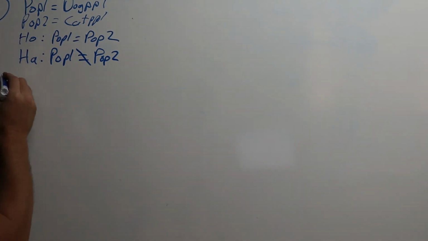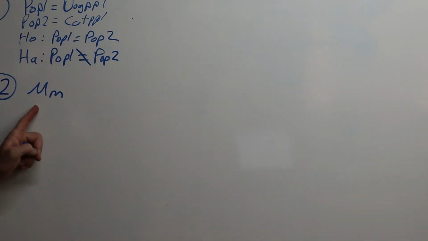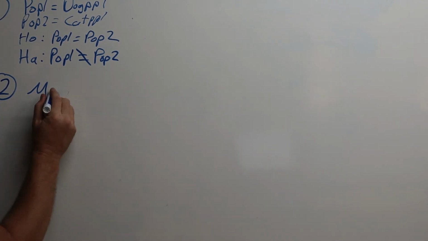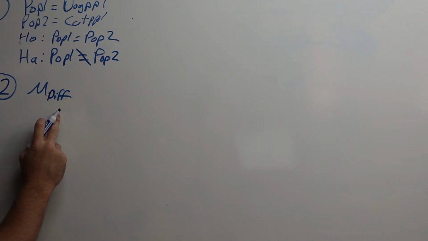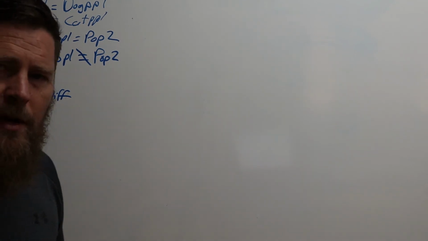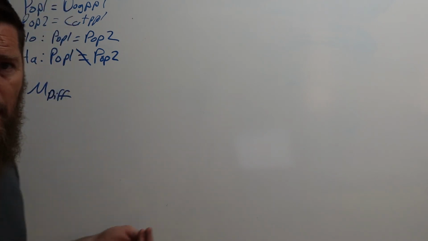That's step 1. Step 2, we've got to determine the characteristics of our comparison distribution. That is the mu for the distribution of differences between means, or mu diff. That's going to be 0 because if there's no difference in depressive level between dog and cat people, the average amount of difference is going to be 0.